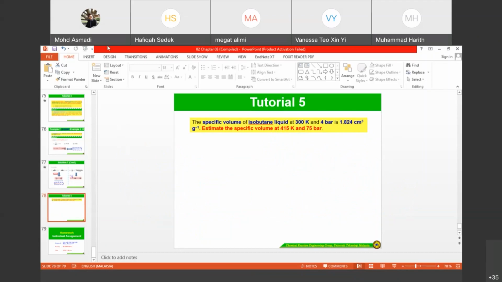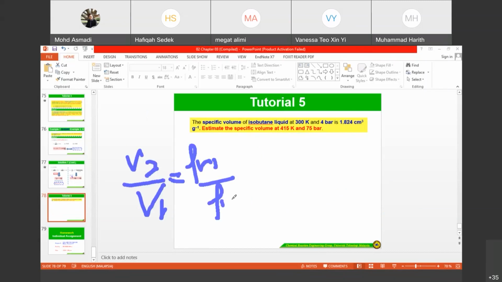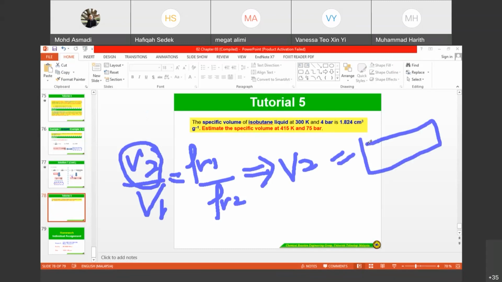Then by the correlation V2 divided by V1 equals rho R1 divided by rho R2, you can calculate V2.